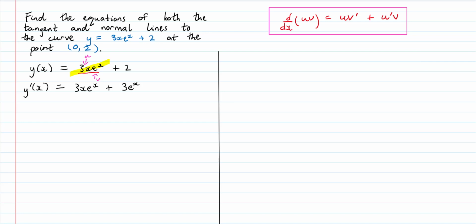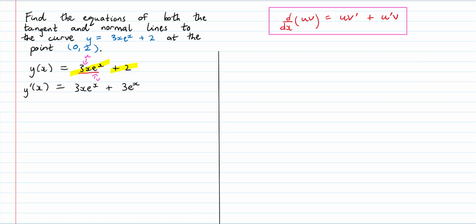And this plus 2 is just a constant term, so the derivative of any constant term is just 0. So we get that y dash of x is equal to 3x times e to the power of x plus 3 times e to the power of x.